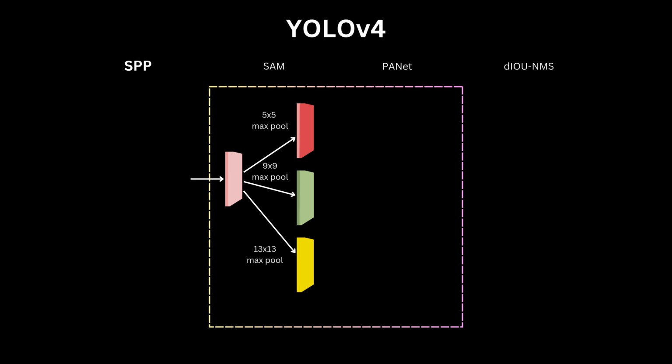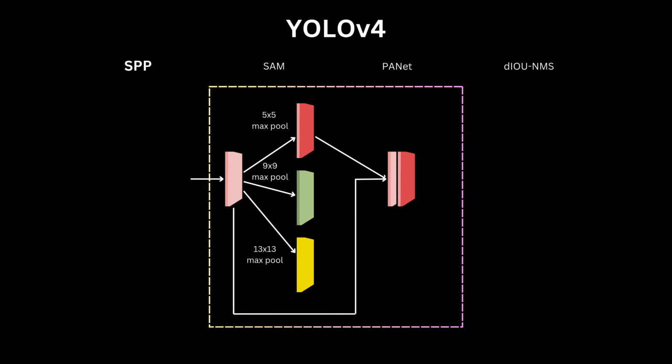The original input to the SPP block is then concatenated with all the three max pooling outputs along the channel dimension. This concatenated feature is the output of the SPP block, which allows the model to capture relevant context information to make better detection predictions. In the architecture, the SPP block is present right after the last layers of the backbone.